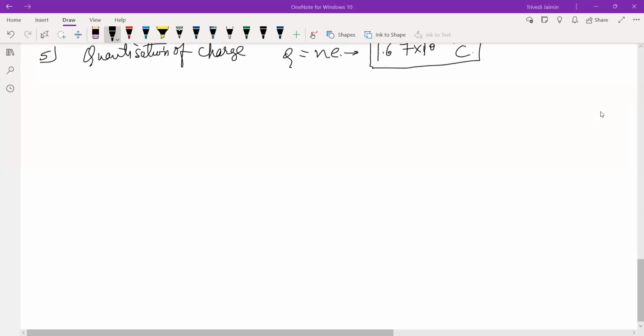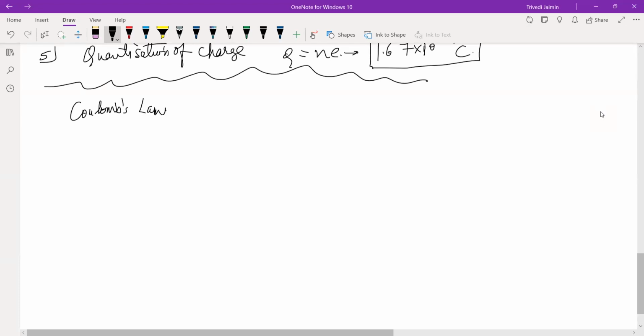Then next is Coulomb's law. It's very simple. Now we have two charges, Q1 and Q2, separated by distance R. Either the force can be attractive or repulsive.